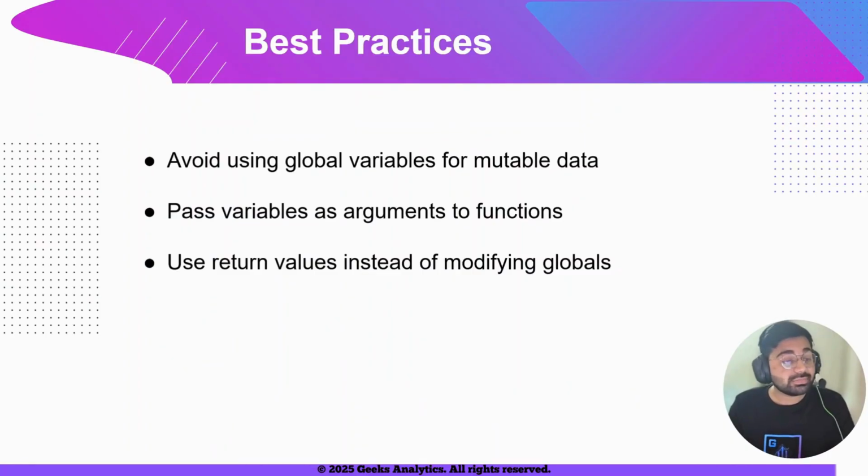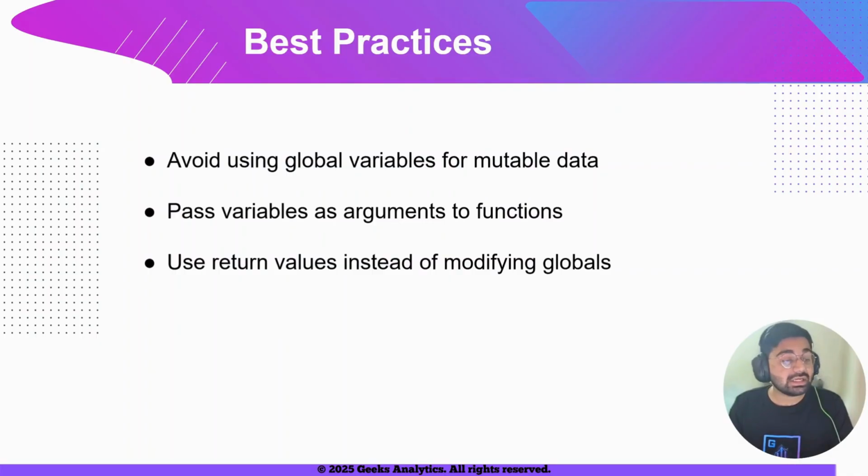And with respect to the best practices around using global variables, avoid using global variables for data that you are going to manipulate. So always try to keep your data inside a function as safe data, like any data that you are going to change in the functions, do not make them global, because if the global value changes, there might be some unwanted issues arising.